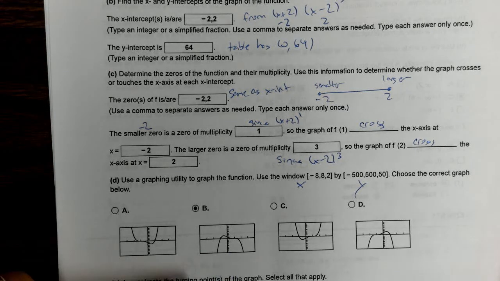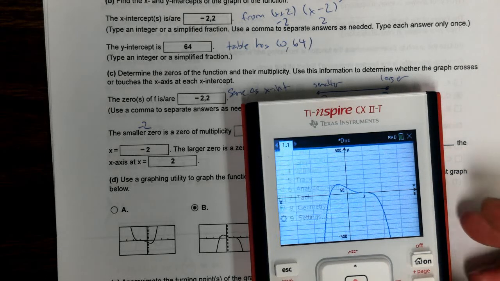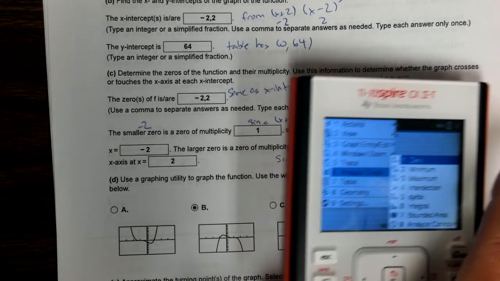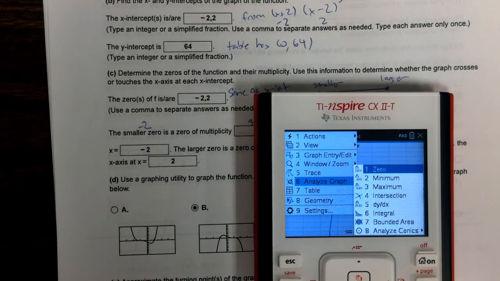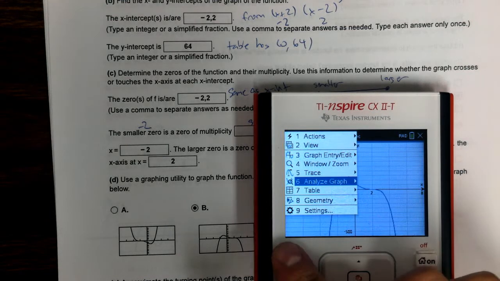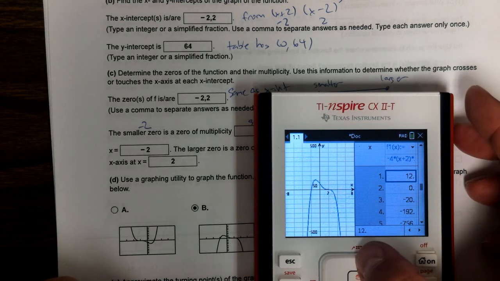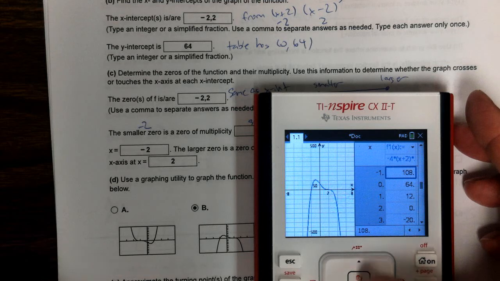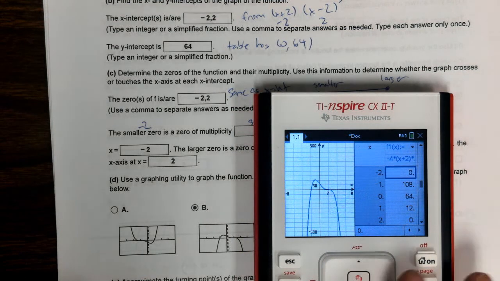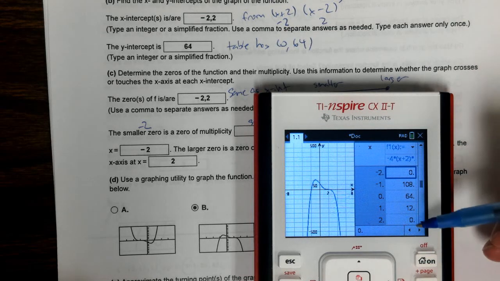Now as far as your turning point, menu, analyze, hold on. What you can see in your table is some symmetry, and here's a 0, here's a 0.